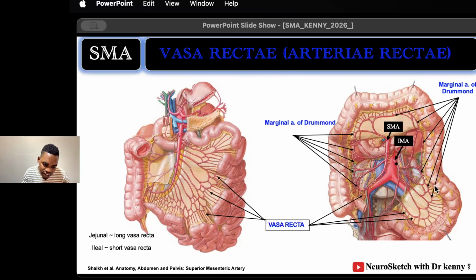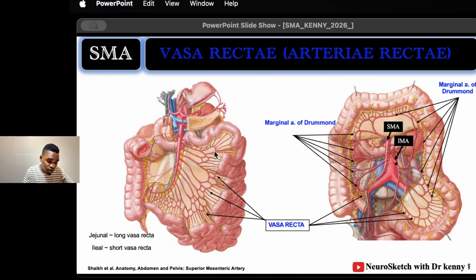These are the vasa recta. You have the marginal artery of Drummond, and then the straight vessels that supply the large intestine. We've also seen the vasa recta on the small intestine, coming from the ileal branches and the jejunal branches. And as I told you, the jejunal vasa recta are usually long, and the ileal vasa recta are usually short.